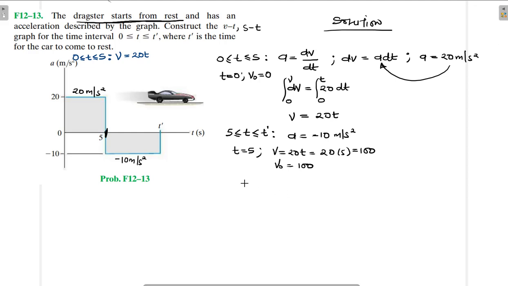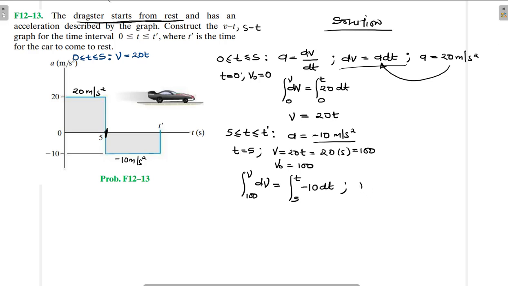So integrating, we start from 100 to v, dv is equal to, using the same equation and just replacing, the time from 5 to t. Our a here is negative 10, right? dt.